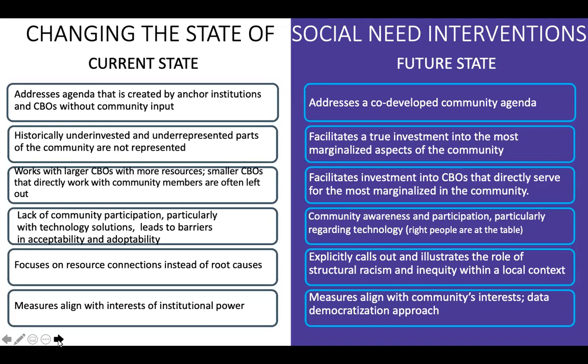We align our interest in measurement with the institutional power. And so how do we shift that to have a co-developed community agenda to explicitly call out and illustrate the role of structural racism and inequity within a local context? And then also making sure that we're establishing our measurement strategy, so the value case around community interests. Next slide, please.